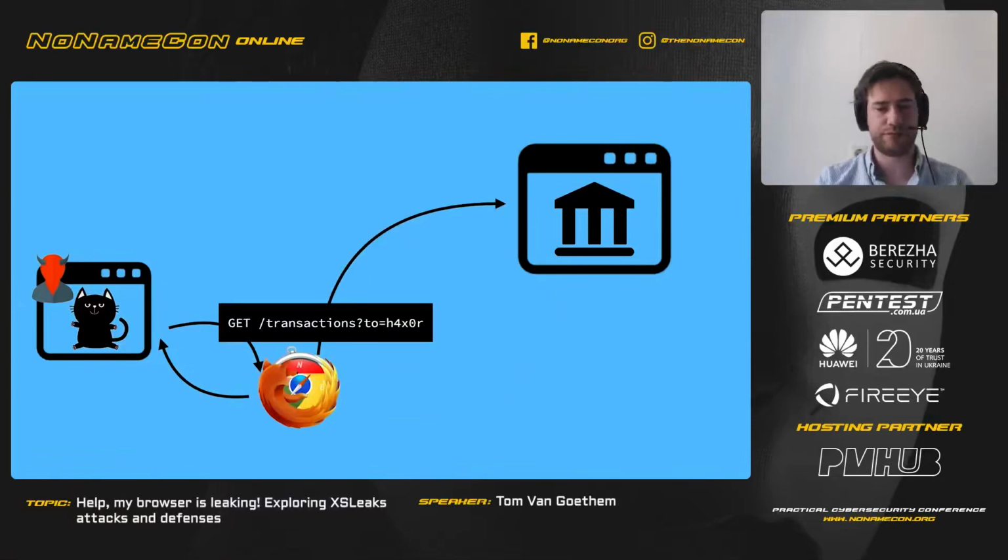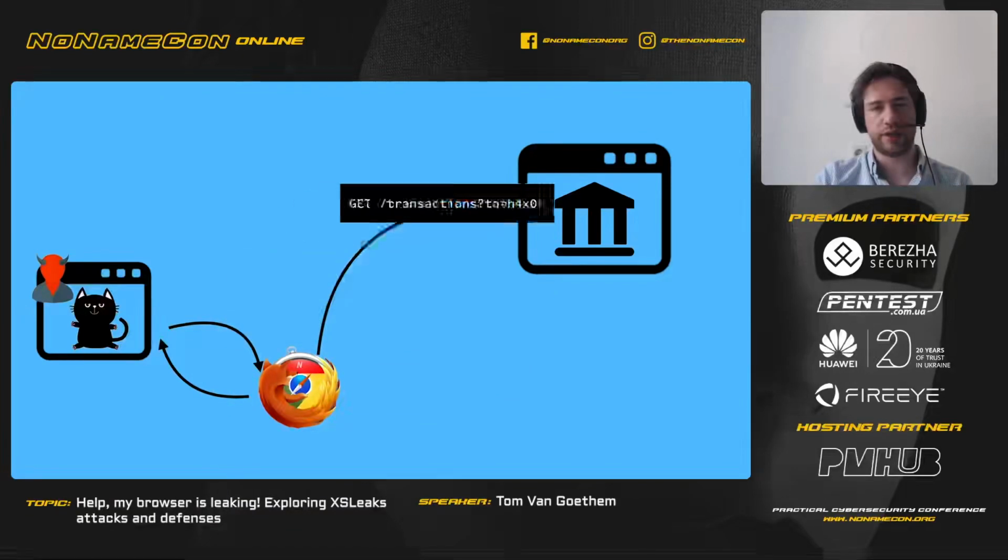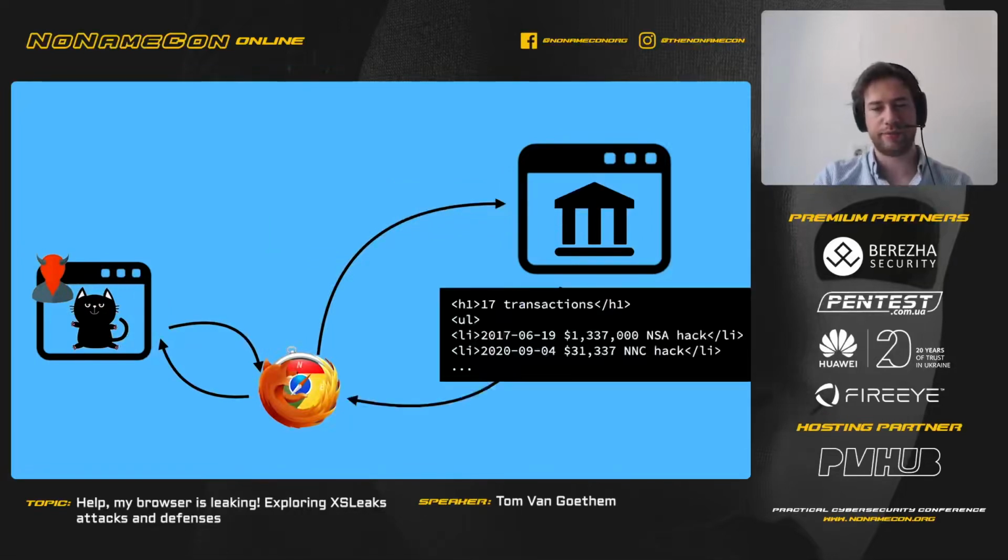Then it will send another request, or it will trigger this request to be sent to the bank. And it will try to get the transactions sent to Hexor. And then we can see that the current user, so in this case the victim, made 17 transactions to the Hexor.